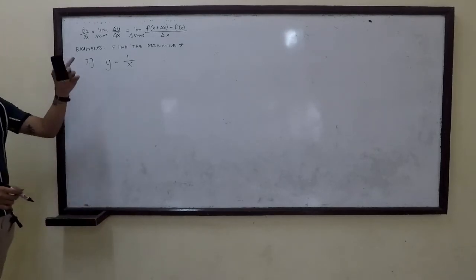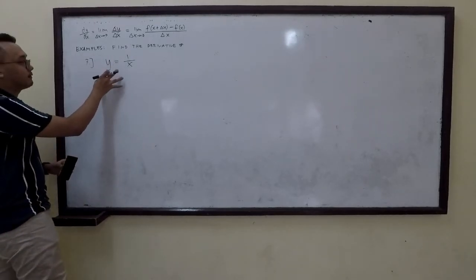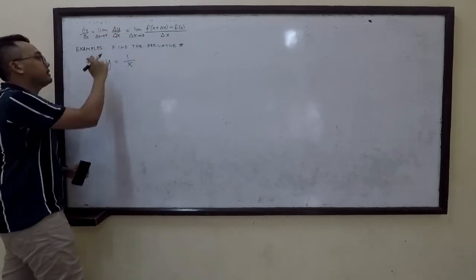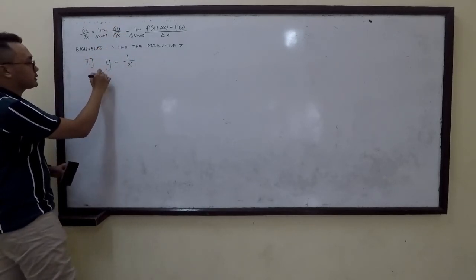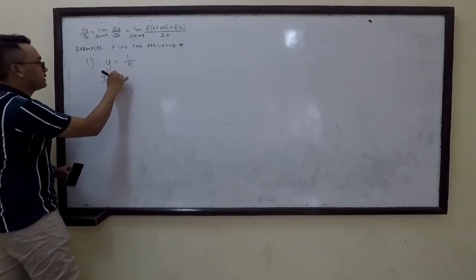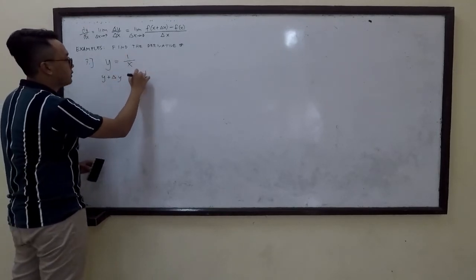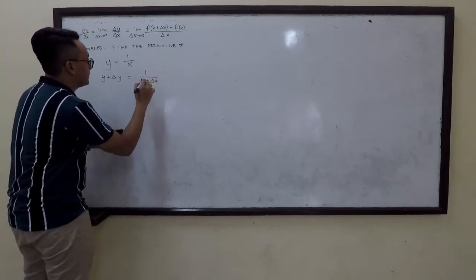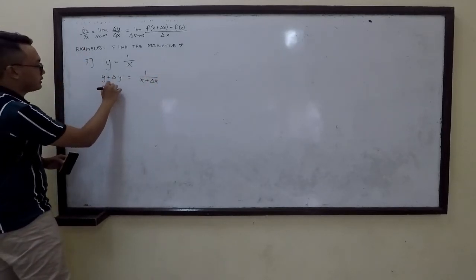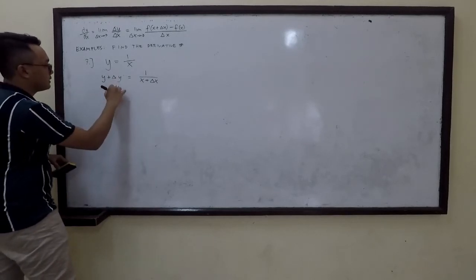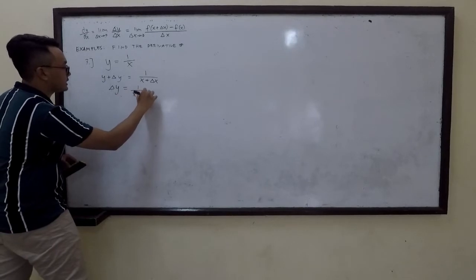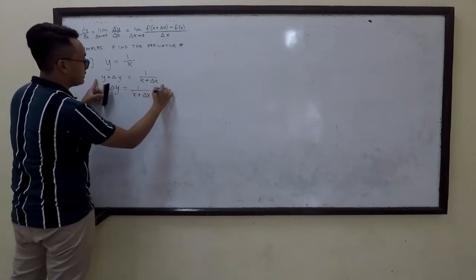Okay? So, let's begin with finding the value of delta y. So, this y becomes y plus delta y. This is just 1 over x becomes 1 over x plus delta x. And since y delta y, this is 1 over x plus delta x minus y.